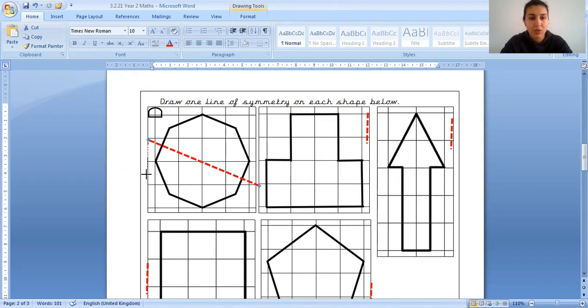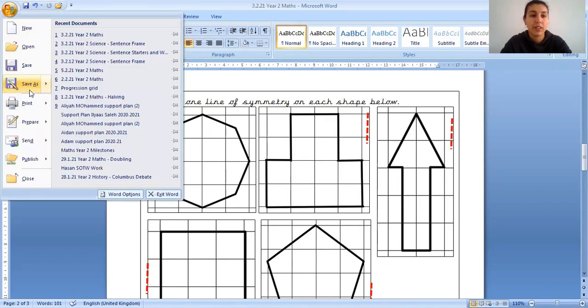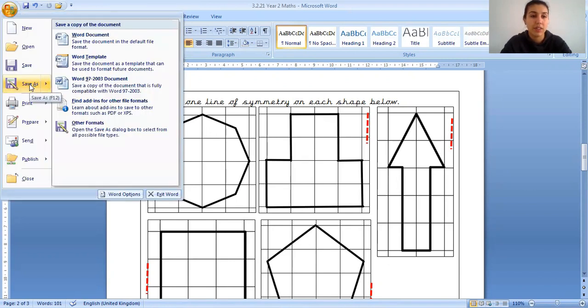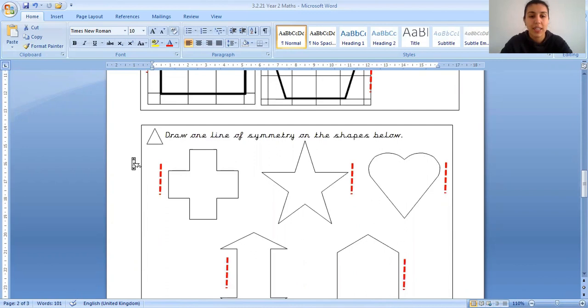When you've managed to do all this, you just save it, you go to File, and you press File, Save As, and then you can save it as a document and send it back to your class teachers.